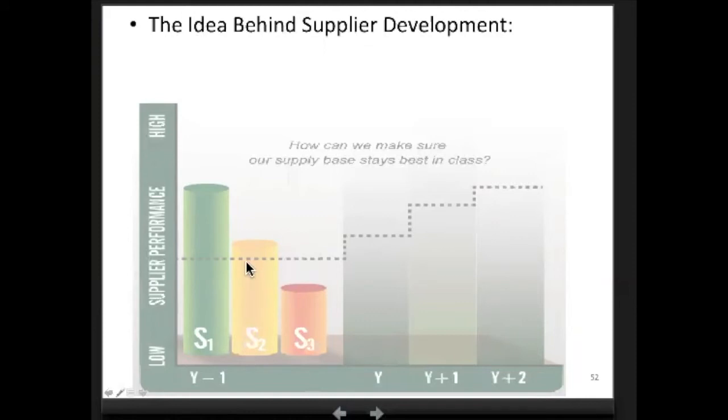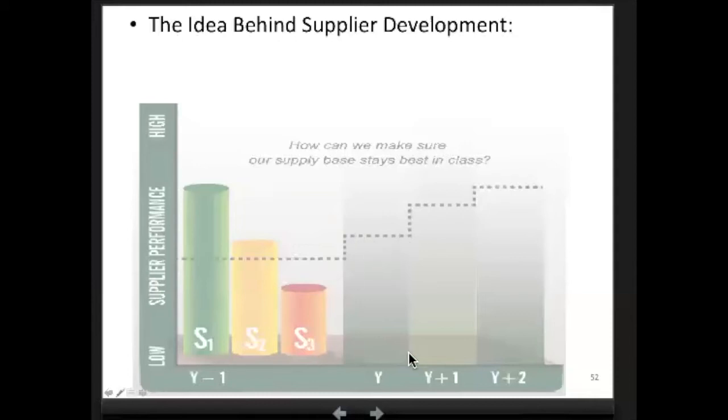For S2, which has been fulfilling the needs, is there a possibility that in the future this may not be meeting the requirements? Because over time you would be increasing your expectations from these suppliers. As you can see, from year Y-1 to year Y, then Y+1, Y+2, the expectations are exceeding, and you want the suppliers also to stretch themselves and meet those expectations.